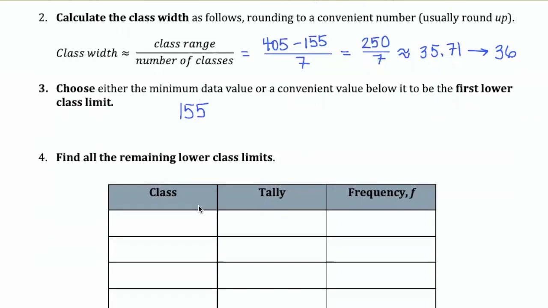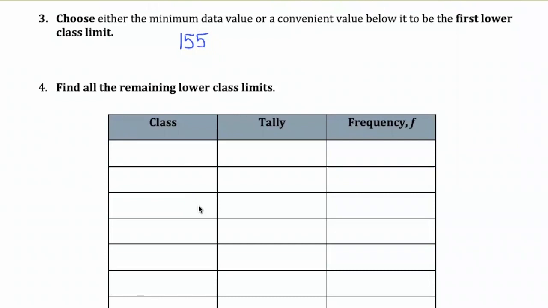I'm going to go down to my table now and start setting up the class limits. So the first one will begin at 155. You don't need to bother counting off what number it ends with. What we're going to do, as it says in step 4, is find all of the lower class limits.